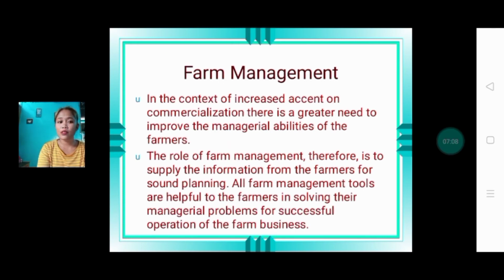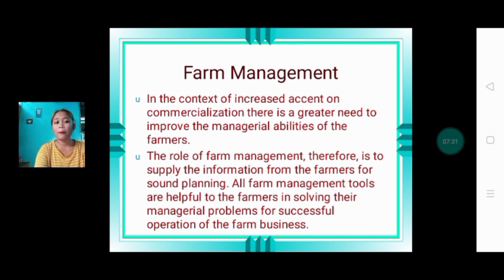Next branch is farm management. In the context of increased emphasis on commercialization, there is a greater need to improve the managerial abilities of farmers. What are those? Those are the role of farm management.